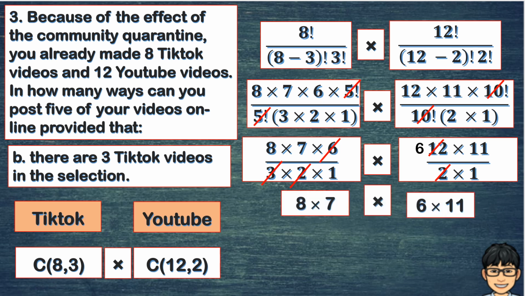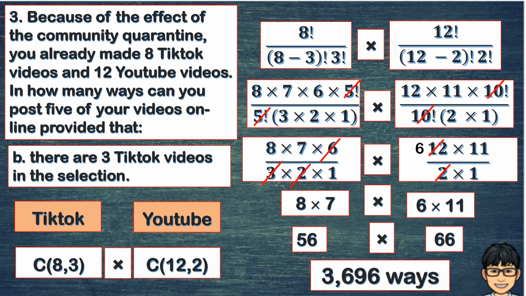So therefore, ang mga naiwan ay 8 times 7 times 6 times 11, or 56 times 66. And that is equal to 3,696. Kaya, meron tayong 3,696 ways to post 3 TikTok videos online.